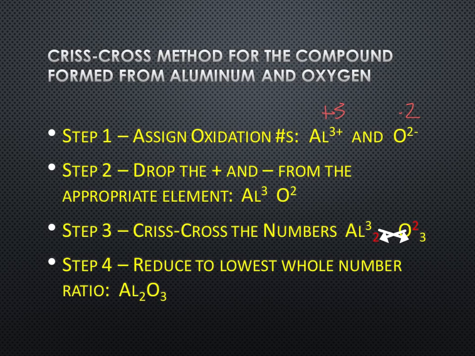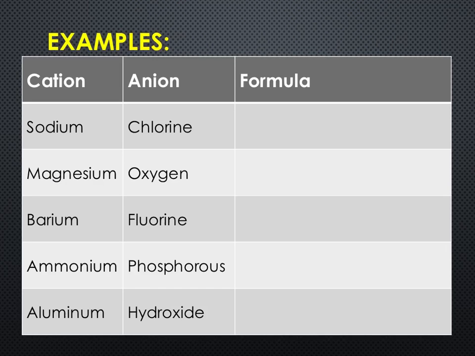Now let's say you got one where the numbers were something like this, Ca2O2. Is that the lowest whole number ratio? It is not, because you could divide each side by 2 to get CaO. So that's what I mean by lowest whole number ratio. So let's look at some examples from various elements to make some ionic compounds.